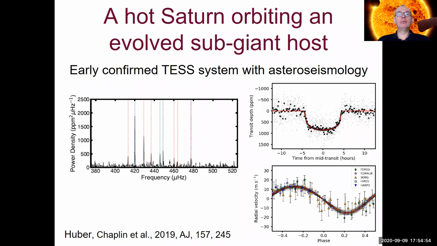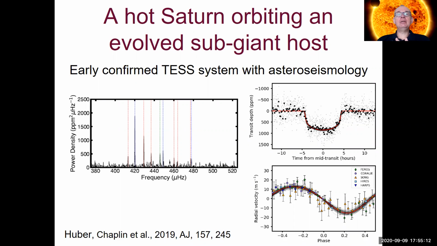But one of the other things, of course, we've been doing with TESS is using asteroseismology of planet-hosting stars to parameterize and constrain the properties of the host star, and hence to place constraints on the planets that have been discovered.